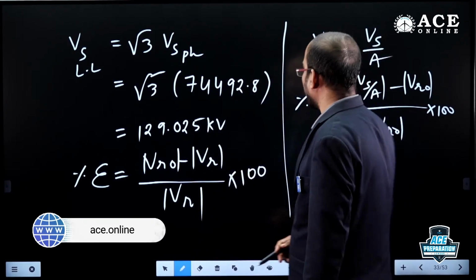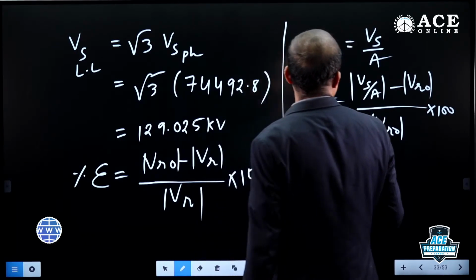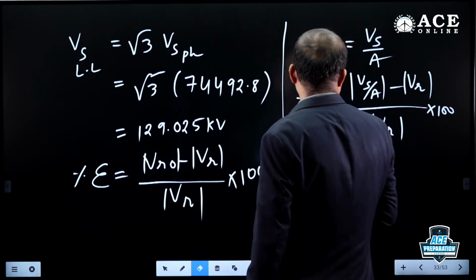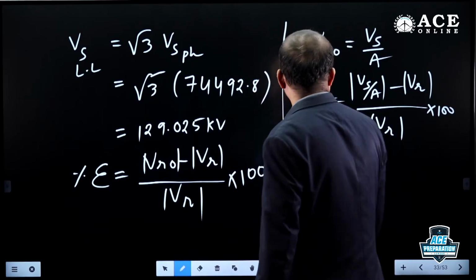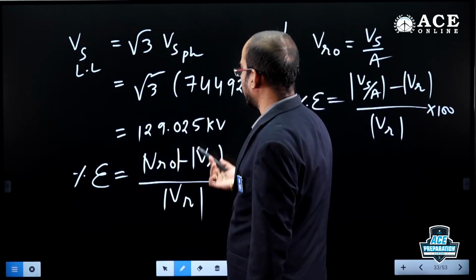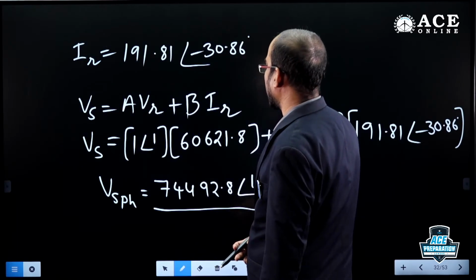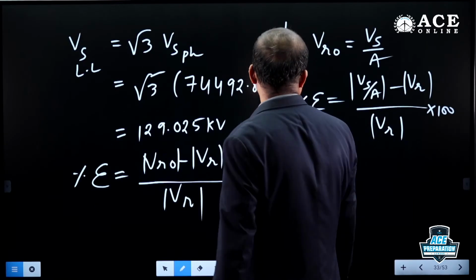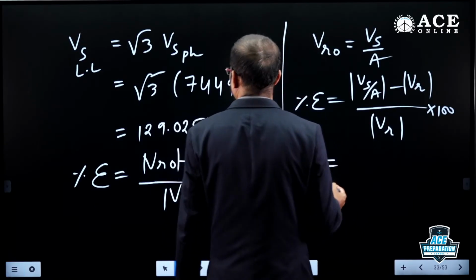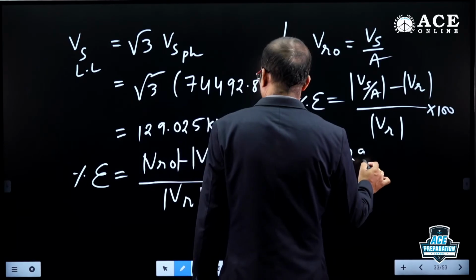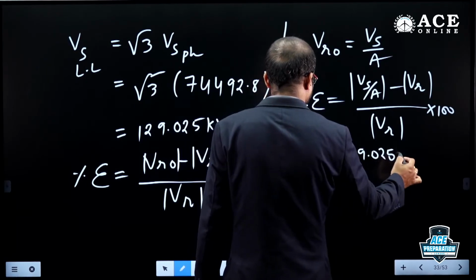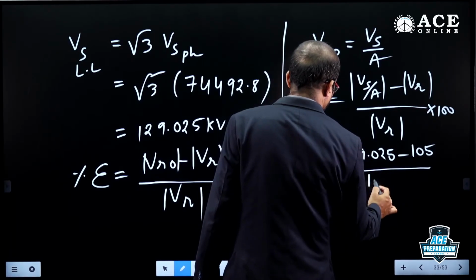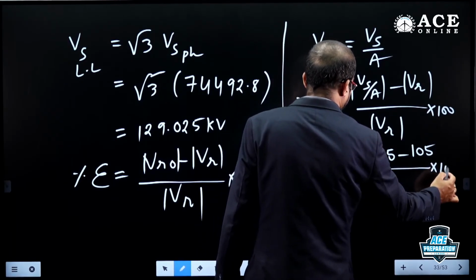So here Vs value is already calculated, 129.025, and VR line to line is 105 kilovolts. Okay, so here it is 129.025 minus 105 by 105 into 100.